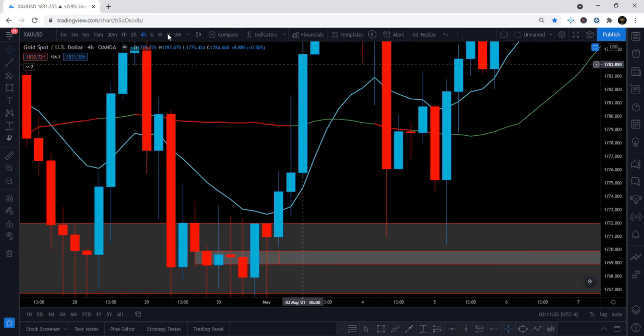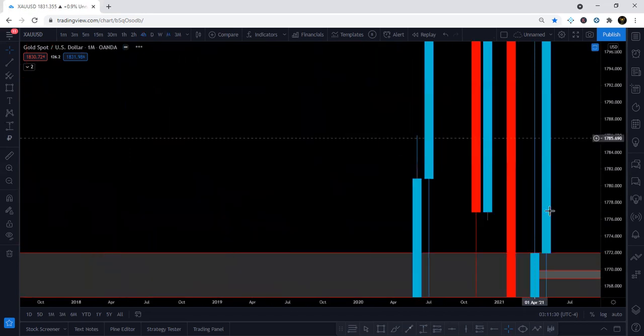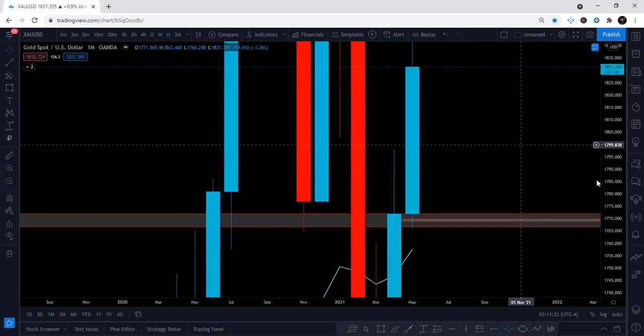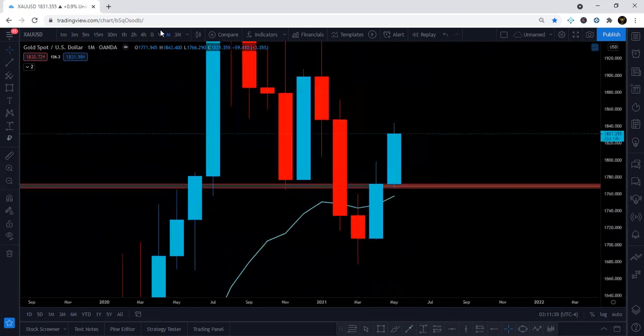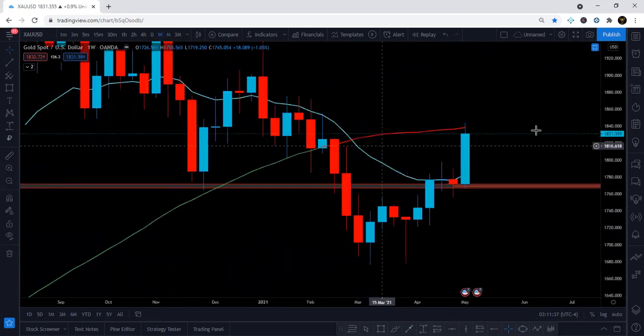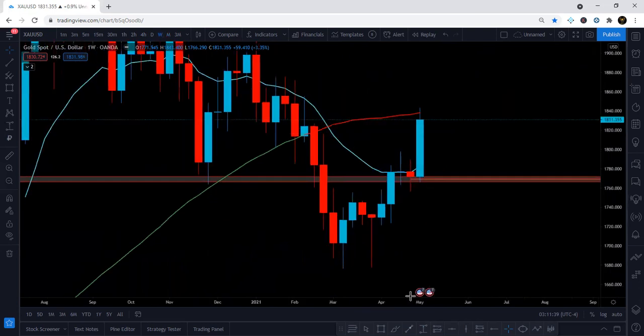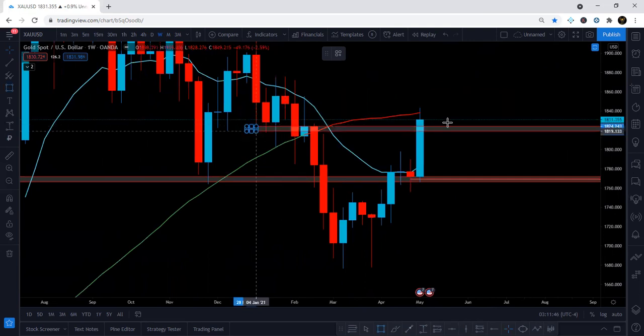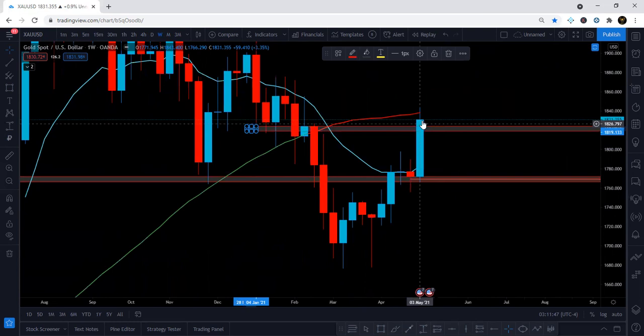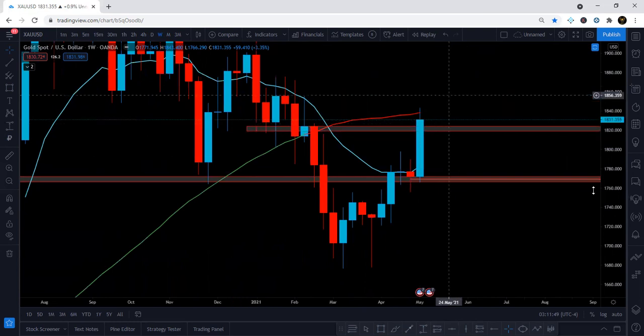Let's see what's going on now in the current candle. Go to weekly. Okay. We have a weekly zone right in here. And as you can see, this weekly candle closed above the zone.